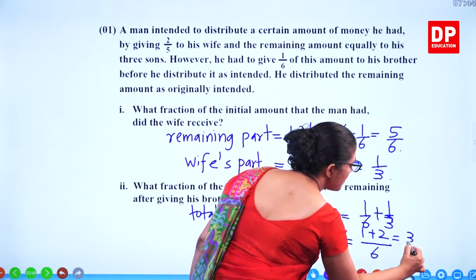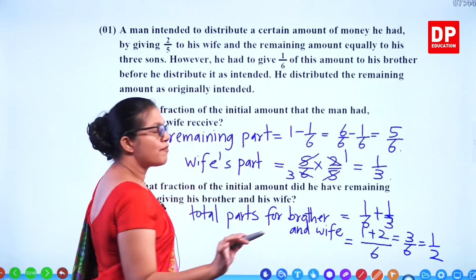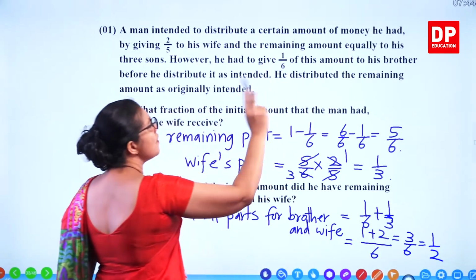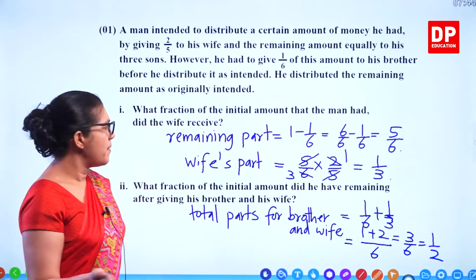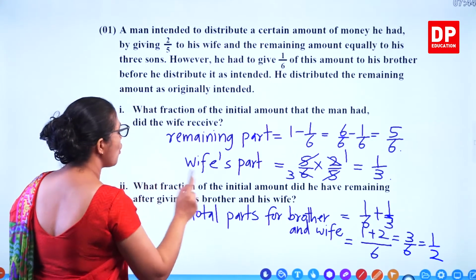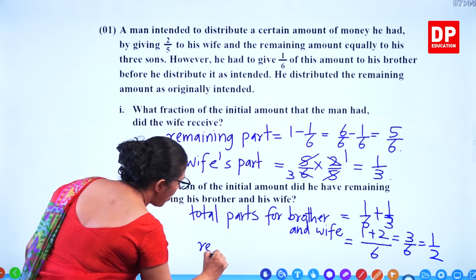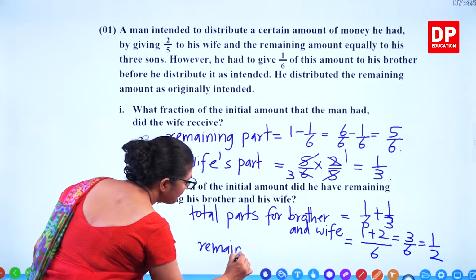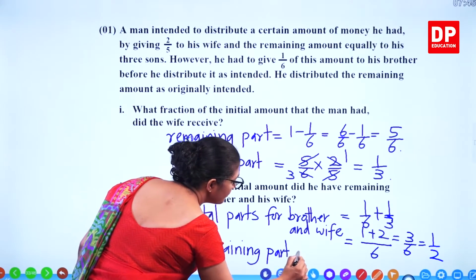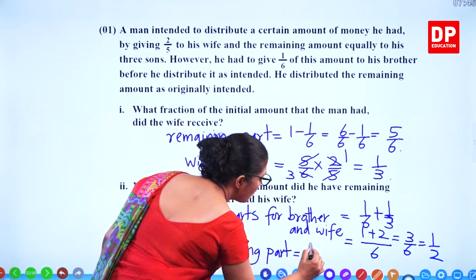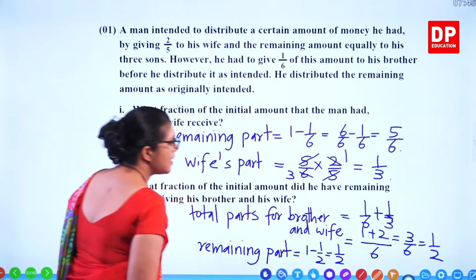So 3/6 means half. So half of the money is given to the wife and his brother. So half is remaining. So the remaining amount is half. 1 minus half, you get half. So that's the answer.